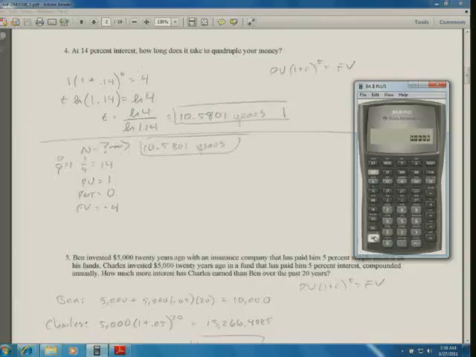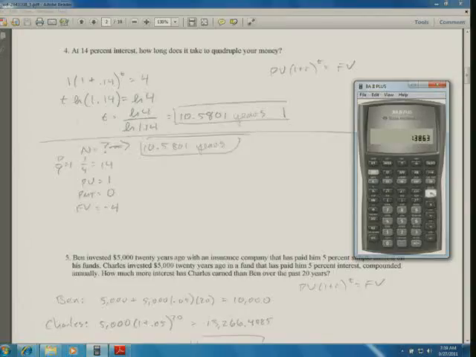Okay? So to do that on the calculator, what you're going to do is type the number 4 into the calculator and then hit ln. Right? And that is the natural log of 4. So I'm doing the numerator here. ln 4 is equal to 1.3863. Okay?